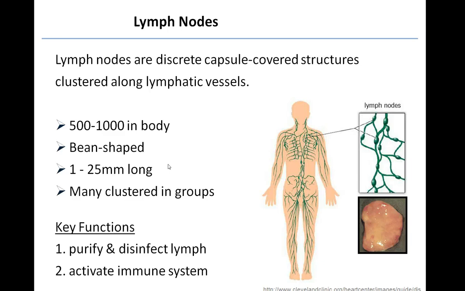So you get these regional clusters of lymph nodes. And we'll just mention a couple of these as we're going through. Key functions of these lymph nodes: purification and disinfection of the fluid that's flowing through. And if something is picked up, then you have a chance to activate the rest of the immune system against that pathogen.